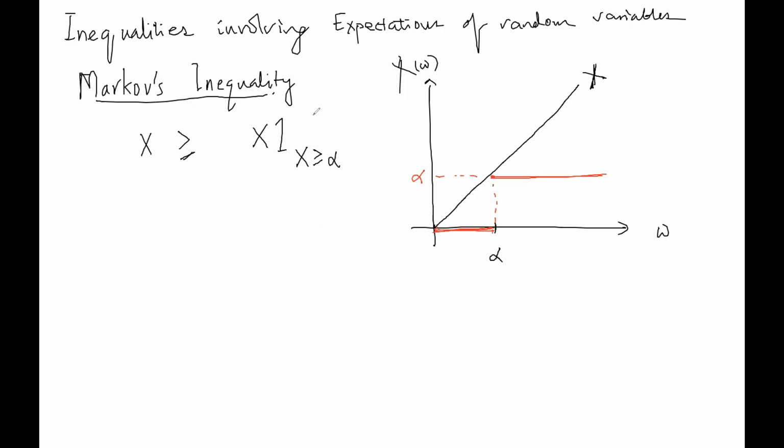Now, this x is this line here. It is larger than x multiplied by this condition. So what is this condition? X multiplied by this condition is this line. It goes like this, and when x is greater than or equal to alpha, afterwards it becomes this line.